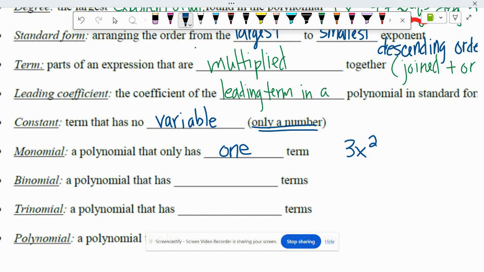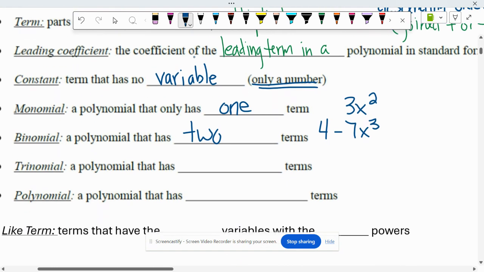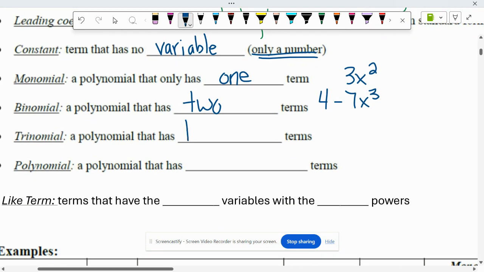A binomial is a polynomial that has, how many terms do you think? 2 terms. So an example could be 4 minus 7x cubed. Okay, that's a binomial. There are just 2 terms. What do you think a trinomial is? 3 terms? Yeah, it's a polynomial that has 3 terms.